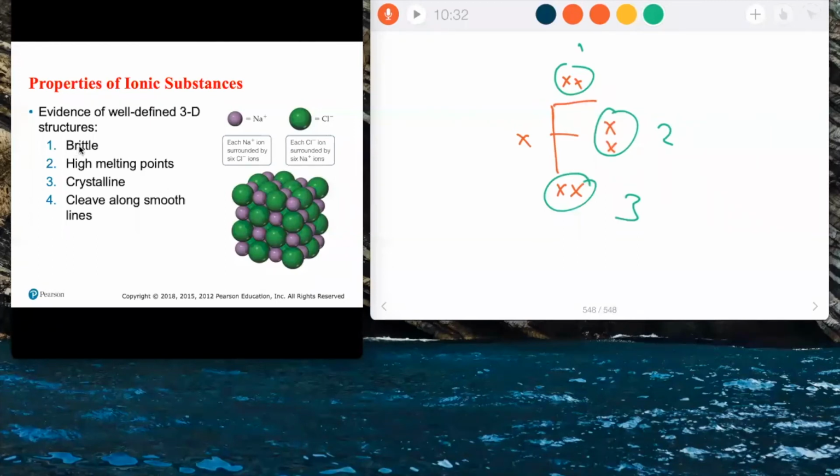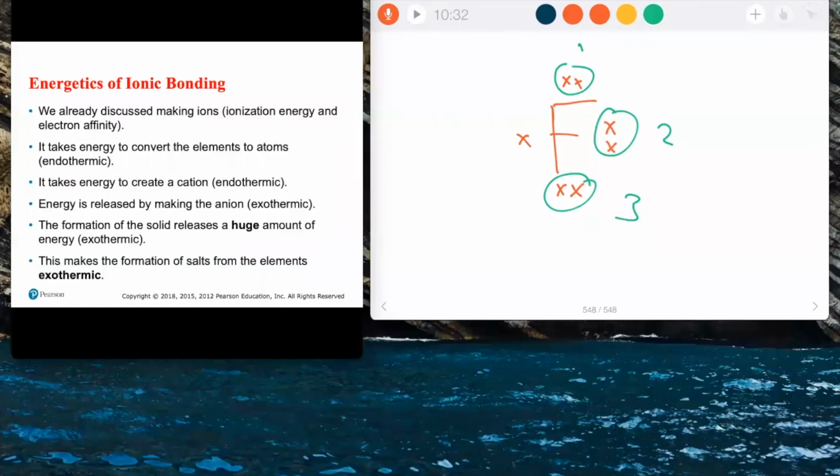This explains the brittleness. When we say brittle, it is because of that arrangement of ions in the crystal structure. The cleavage, that means splitting, forms smooth lines because of repulsion.